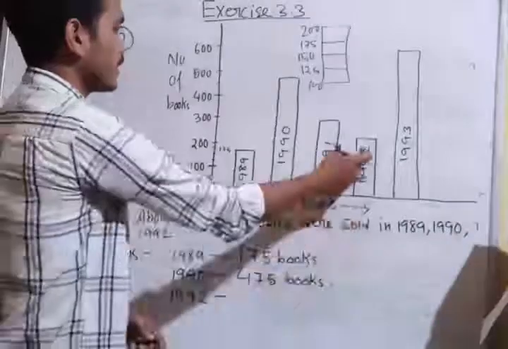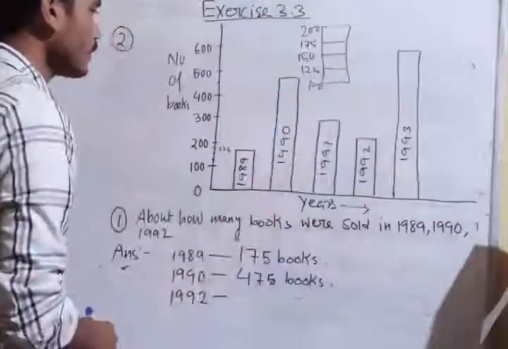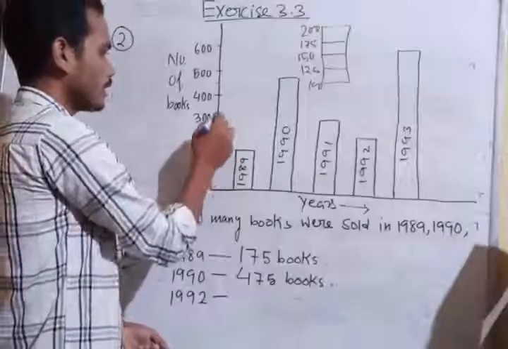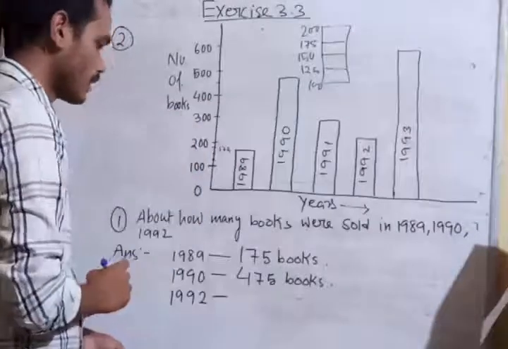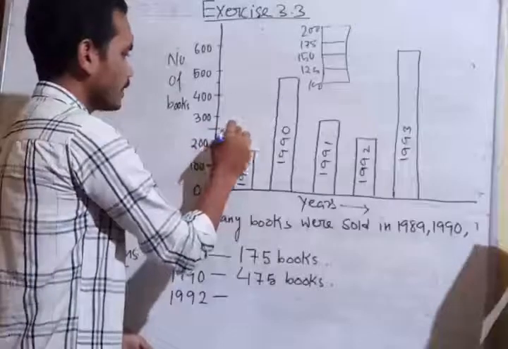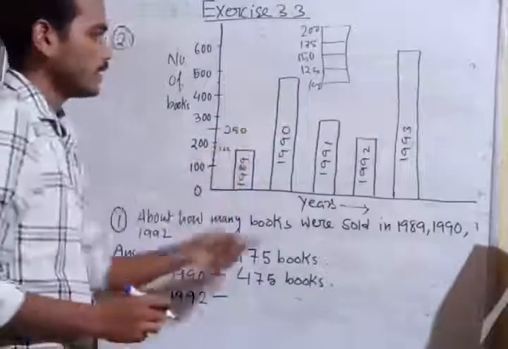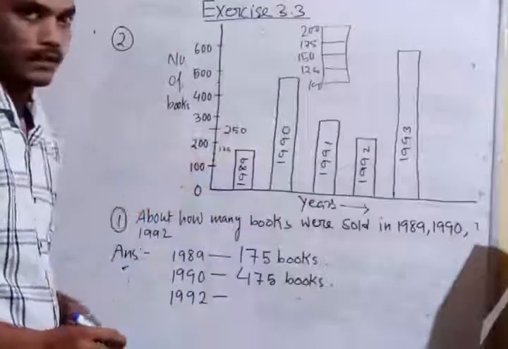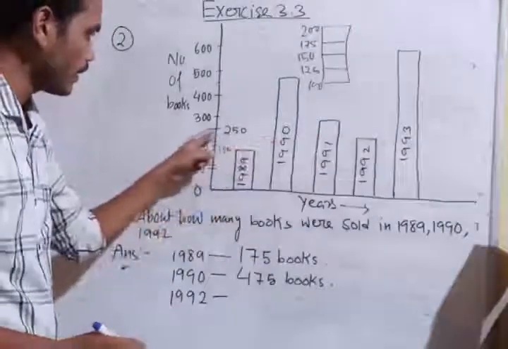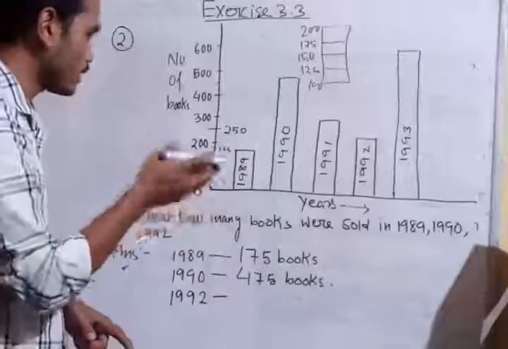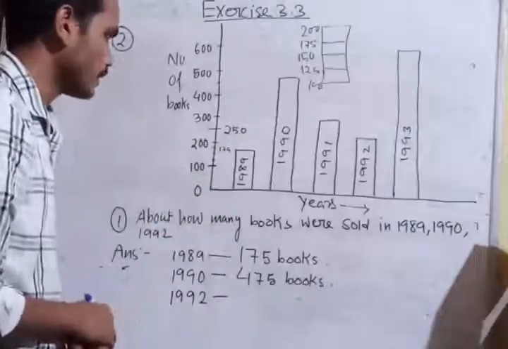This is your 1992. Now how many books were sold? In between 200 and 300 it is there, 1992. Now the middle one will be your 250, and we can see that this 1992 is less than the middle one. If you join with a scale, you can see that this is less than the middle one also. Means this is less than 250.